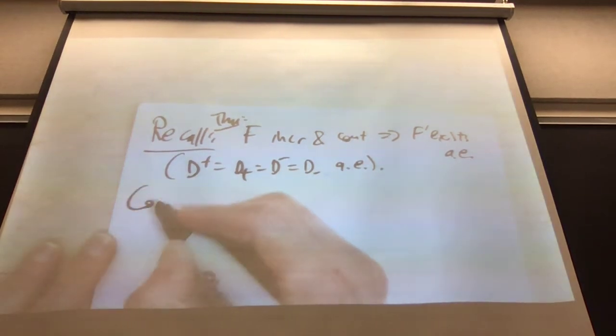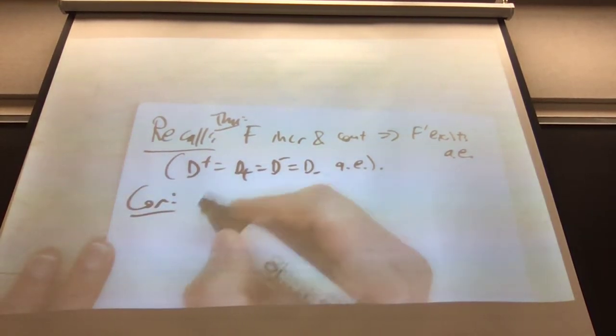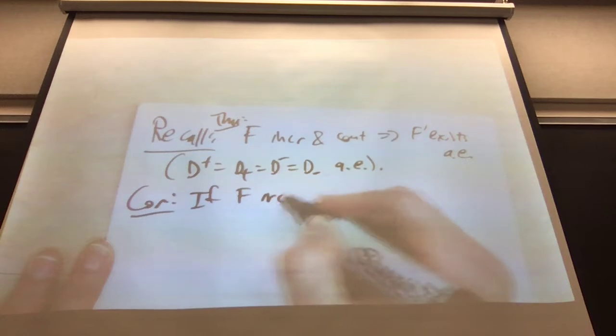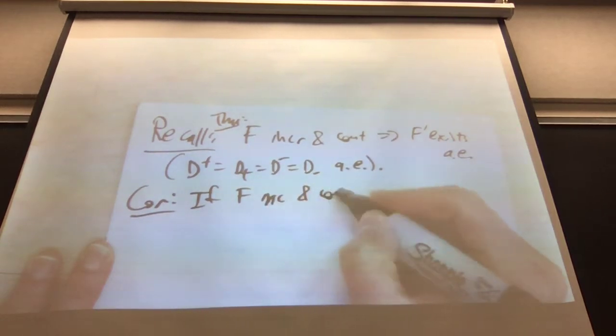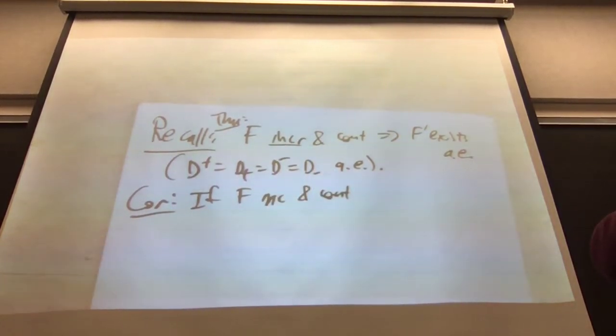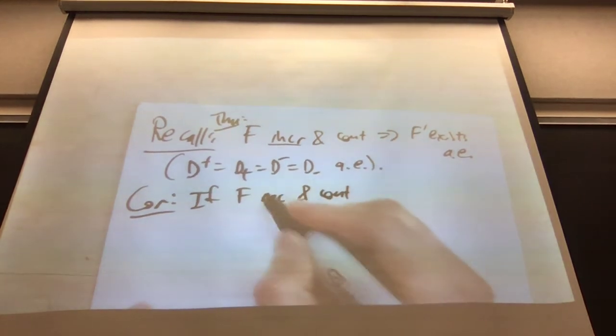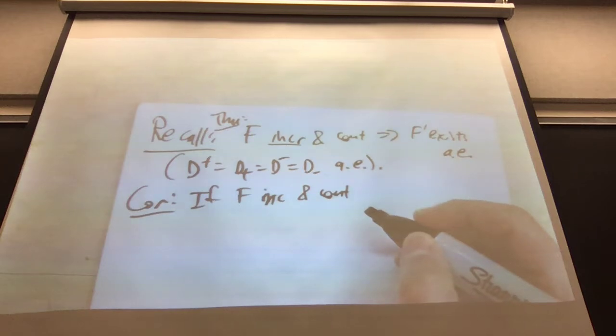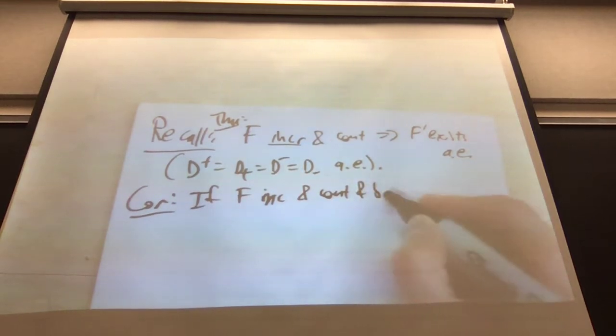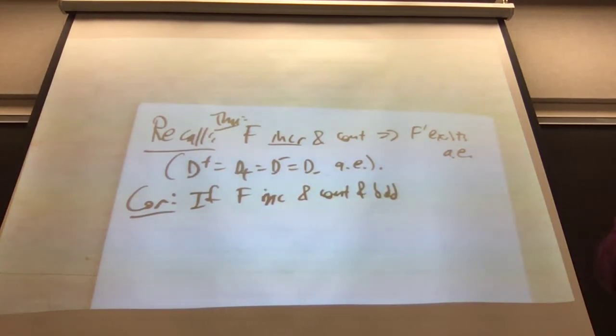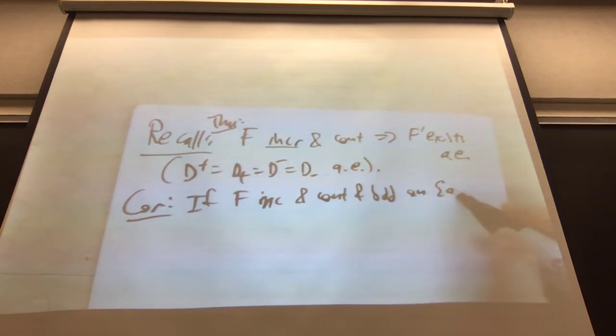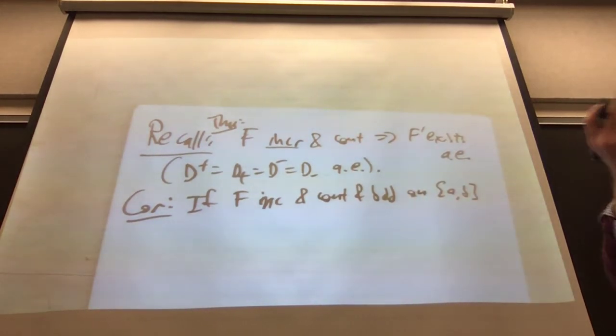So here's a corollary. If f is increasing and continuous, and the reason we want increasing is because bounded variation implies the difference of two increasing functions, so we may as well assume increasing, and bounded just means we're on a to b, so it doesn't take the value infinity, which how can it if it's increasing and continuous?